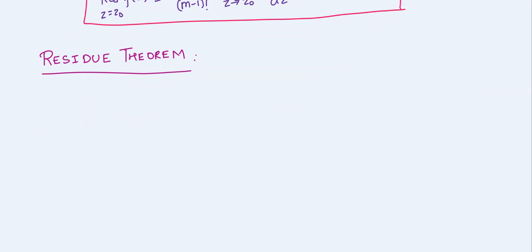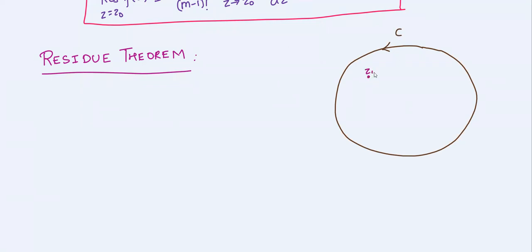Suppose we have a closed contour C. Now within that there are many poles or singular points. Now how to do this? Okay, how to integrate this in an easy manner.